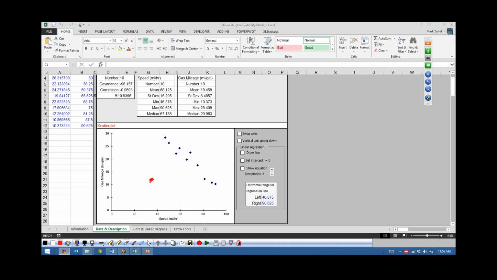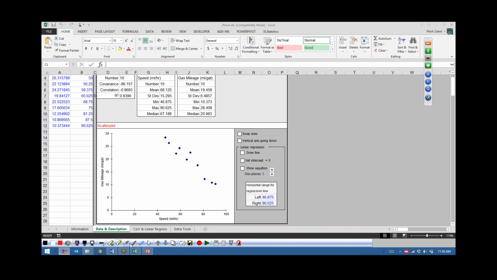If I saw something here, I'd say, hey, that's an outlier, I've got to check it out. So if I saw an outlier, I'd check it out. Here, I don't see any outliers.